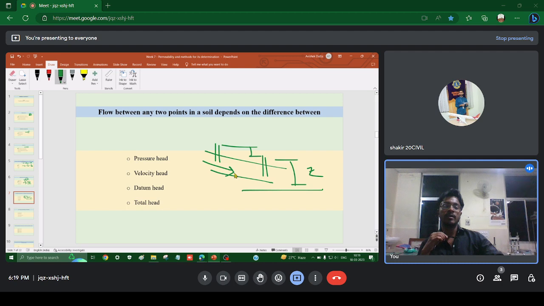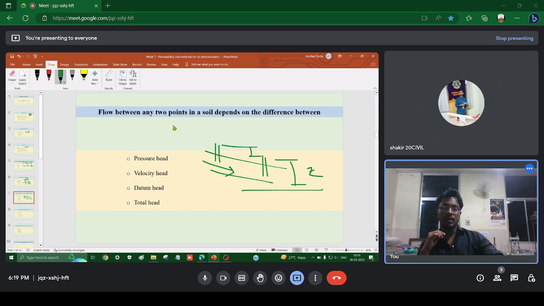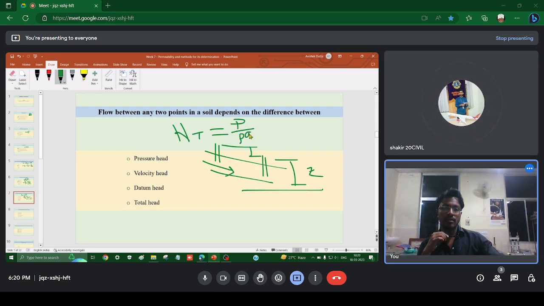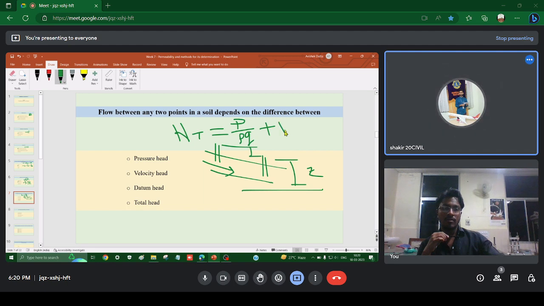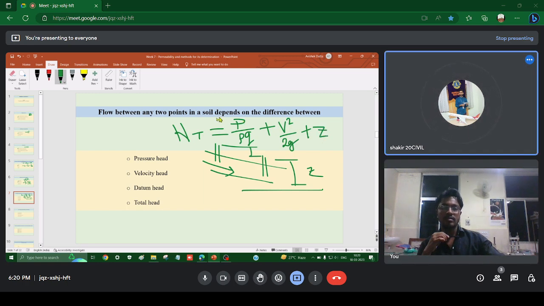The total head h t, by Bernoulli's equation, is P by rho g plus v square by 2g plus Z. So this is the total head.